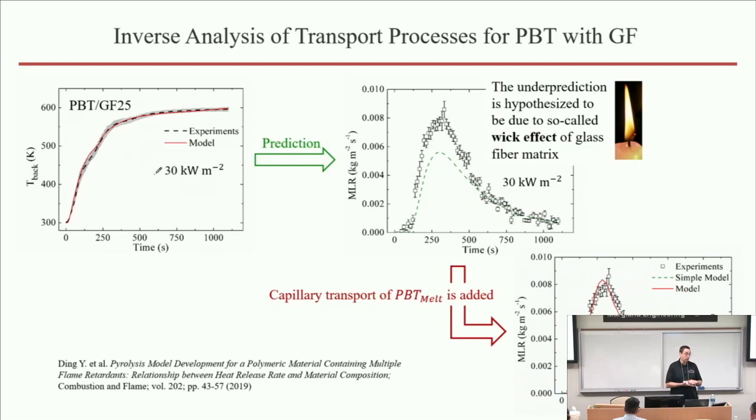And the rate of this transport I parameterized based on my observation. So once material makes the melt, and once you evaporate some of the melt from the surface, that melt starts moving from the bottom of the material toward the top of the material.